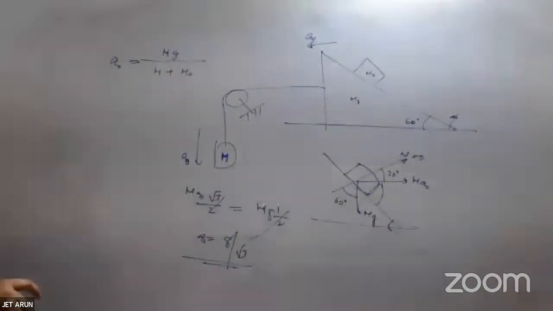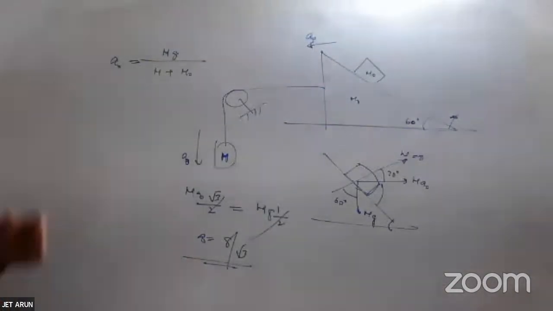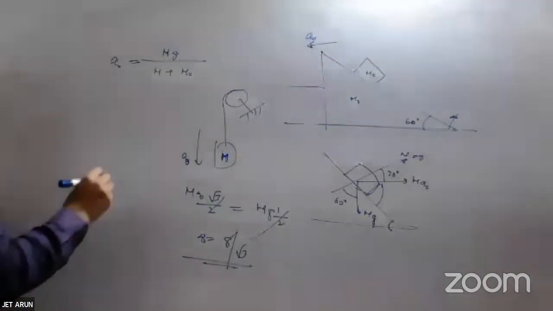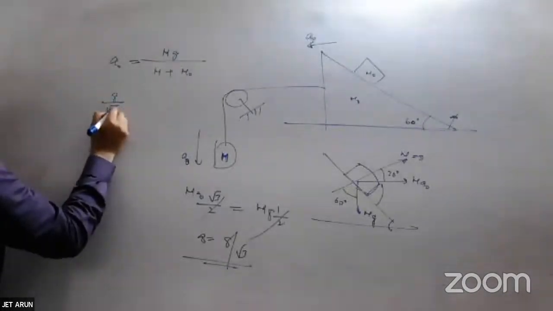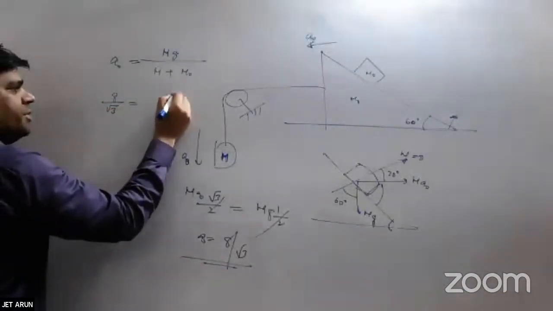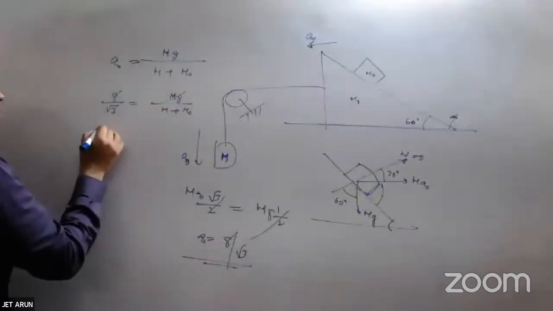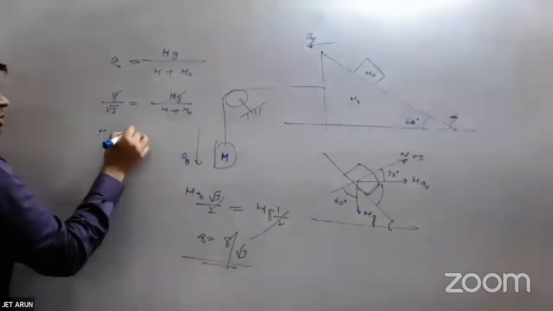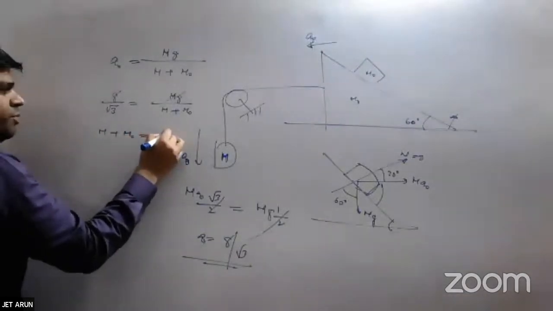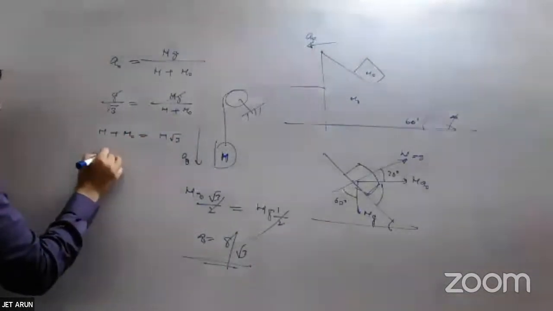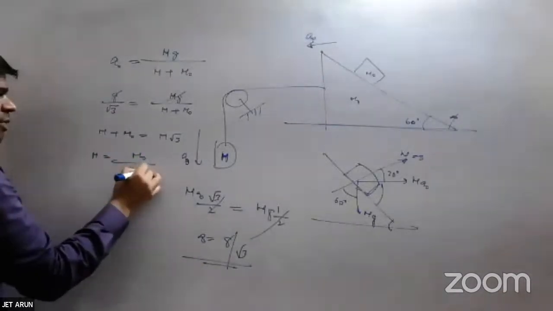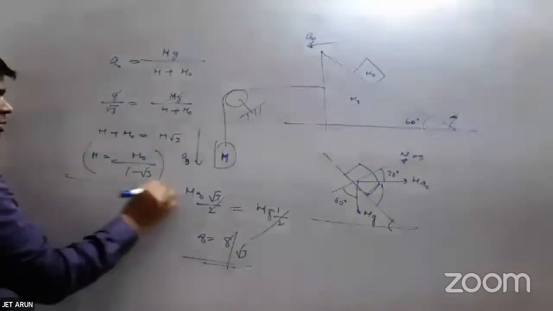As in the previous problem, I will not take 2m naught because they are not moving together. So g by root 3 is equal to mg by m plus m naught. g gets cancelled out. So m plus m naught is equal to m root 3. So m is equal to m naught by root 3 minus 1.